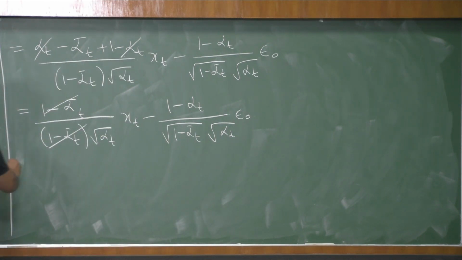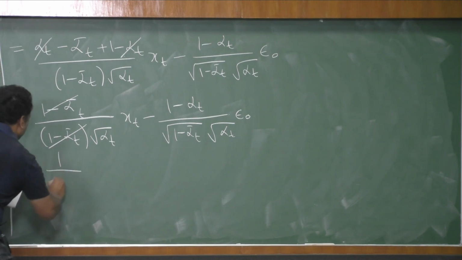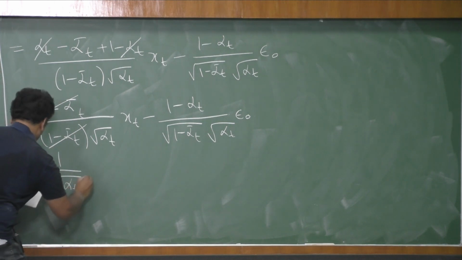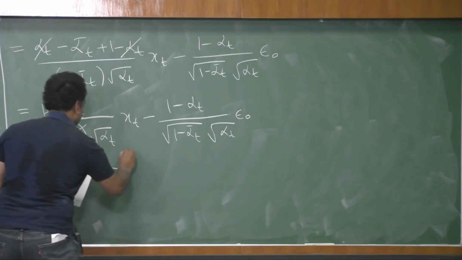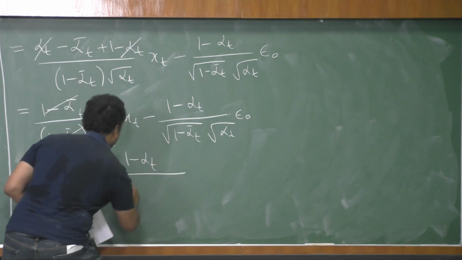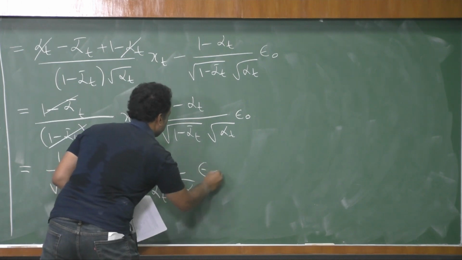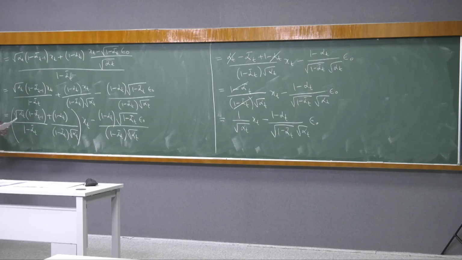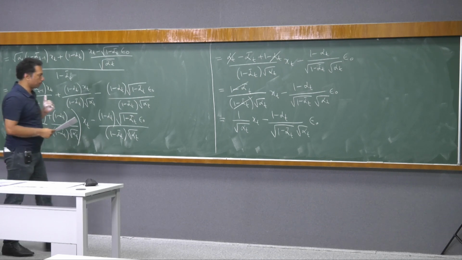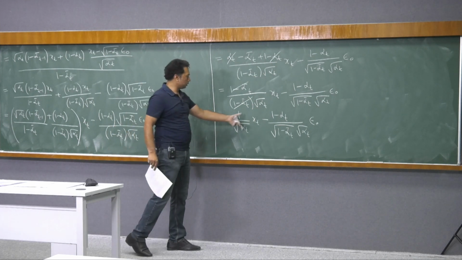So then we have 1 by square root of alpha t xt minus (1 minus alpha t) divided by square root of 1 minus alpha bar t, square root of alpha t, epsilon naught. So continuing from there, we would like to finalize that. By looking at this term here, this is an expression for x naught, right?